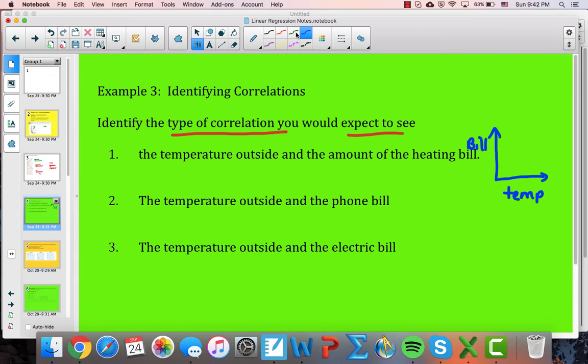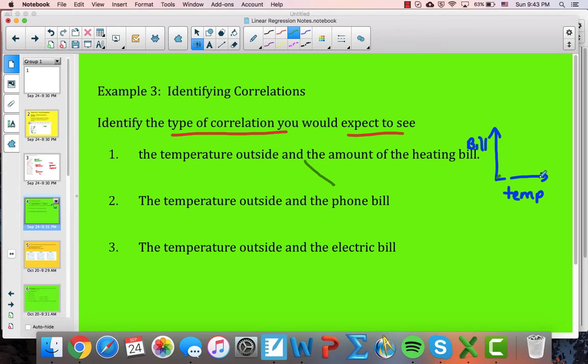As the temperature is getting hotter, what do you think is happening to your heating bill? Is it going to be rising or is it going to be falling? So as the temperature's going up, hopefully you're seeing that the bill would go down, okay? So it would be a negative correlation.